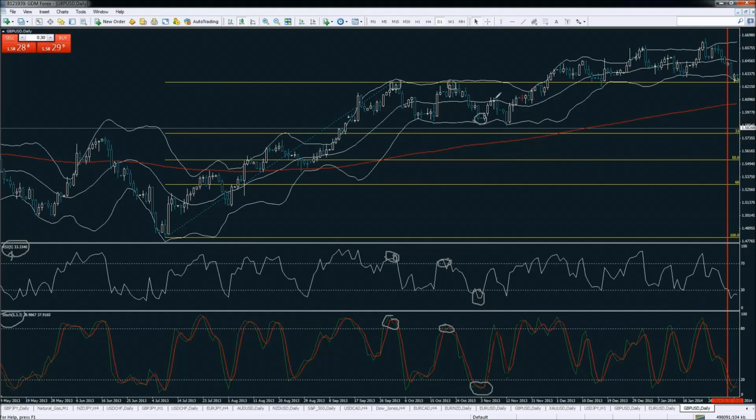Personally, what you see in this moment is a little bit of a false signal. Relative strength is way below the overbought conditions. Both triggers, the stochastic and the signal, are not above overbought conditions.